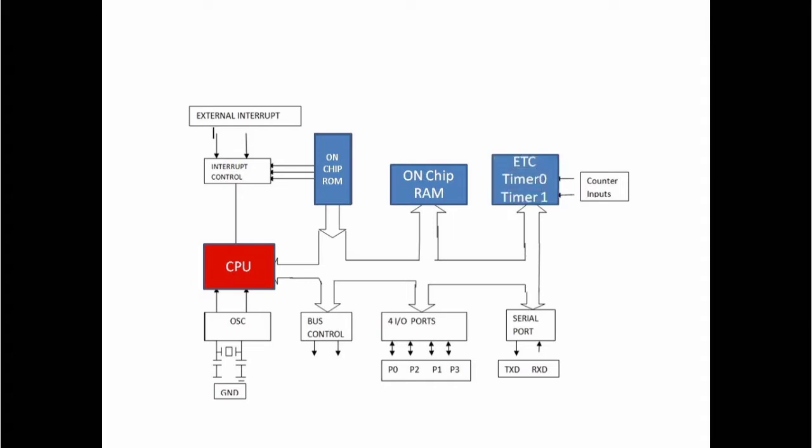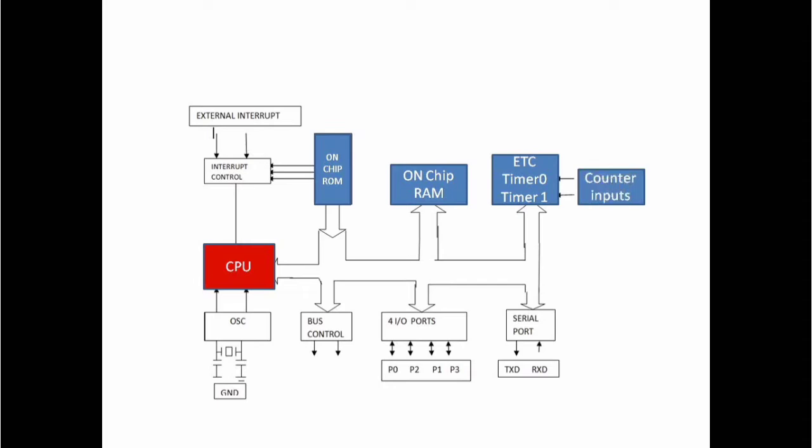The next block is the timer block. There are two 16-bit timers available in the 8051 controller. One is called timer 0 and the second is called timer 1. These timers are used for the measurement of intervals, to determine the pulse width of pulses.